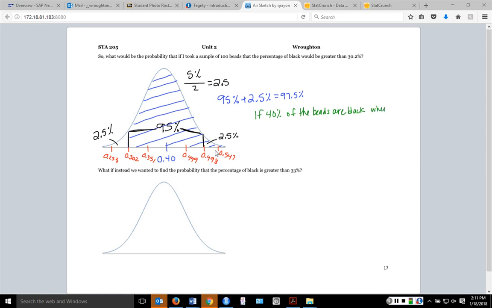When we take a sample of 100 beads, that was our sample size that we had here, we should find at least 30.2% of them to be black, about 97.5% of the time.